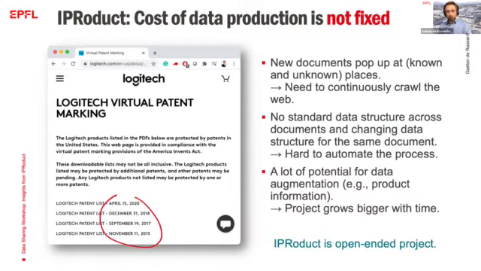For virtual marking, that's an estimate we present in the NBER paper. So we took a random sample of USPTO assignees. We checked for their webpage, and 10 to 15% of them had a VPM webpage.